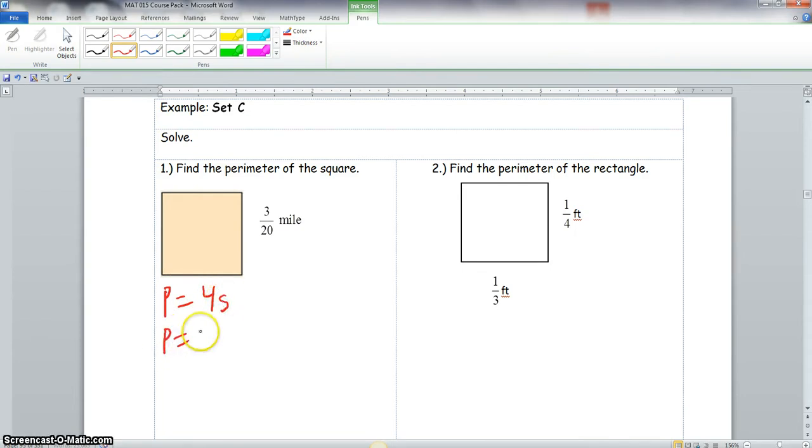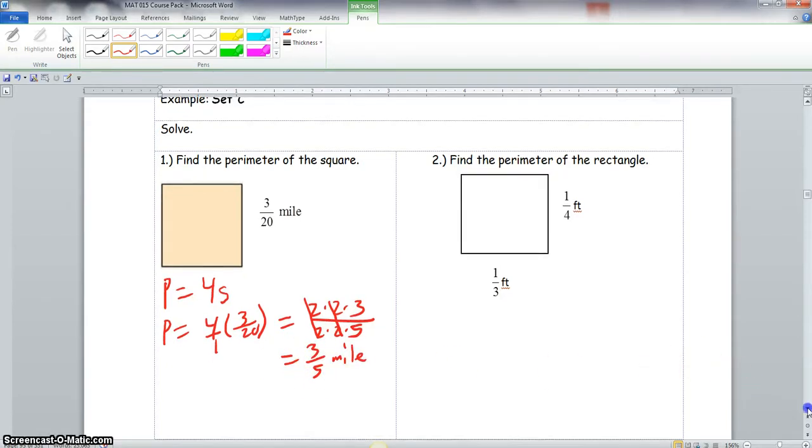So we could put P is equal to 4 times 3 over 20, which will give us 4 over 1, which will give us 2 times 2 times 3, all over 20 breaks down to 2 times 2 times 5. These 2's simplify out, and we're left with 3/5 of a mile.